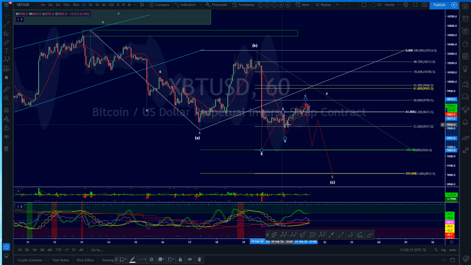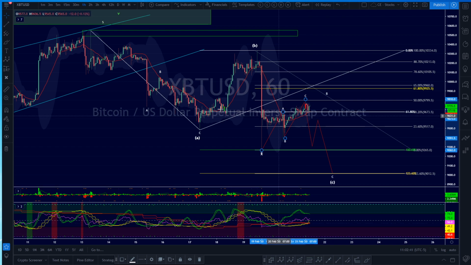The place to buy, in my opinion, was back here, because we're starting to see the 12-hour cross bearish again. I'm going to go to a different chart here in just a moment just to outline this for you so we can see this with a little more clarity. But this candle back here, which was about 4 hours ago, turned red, which means that the 12-hour is crossing bearish.